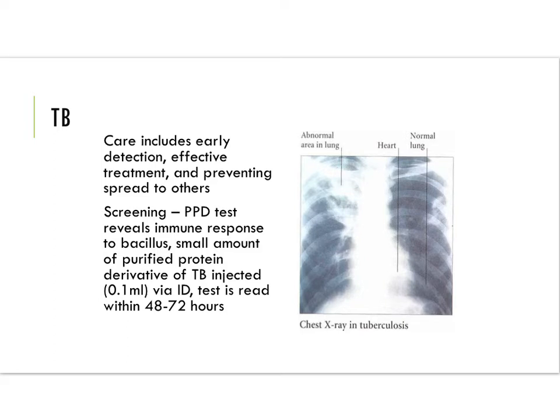They develop signs and symptoms as listed on page 529. They are considered contagious, and they have a very intense drug therapy regimen that they must go through. So really, the goals are early detection with effective drug treatment and preventing spread to others when it's active.